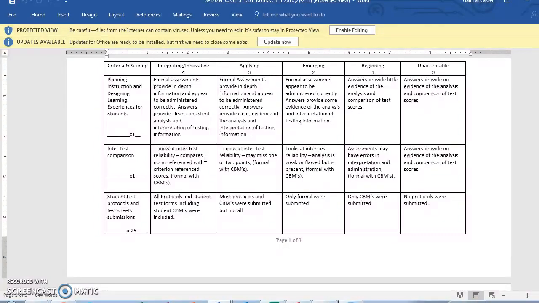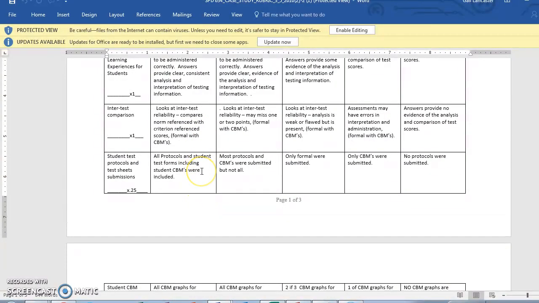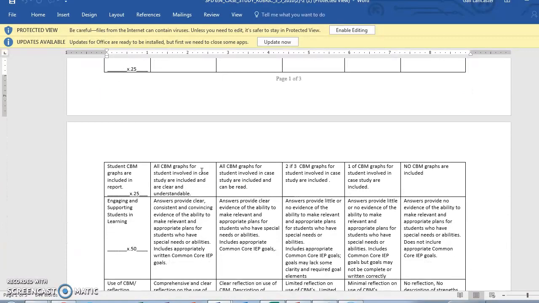That means you must score your Woodcock 3s or your Wyatts or your Woodcock 4s, and your Brigance can give you a score. But I need definite standard scores in this. All protocols and student forms must be submitted. That is a spot where people lose a lot of points.